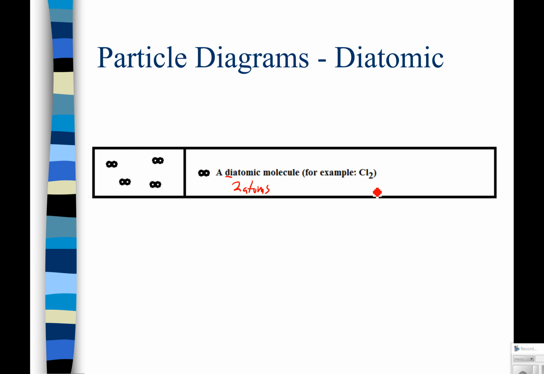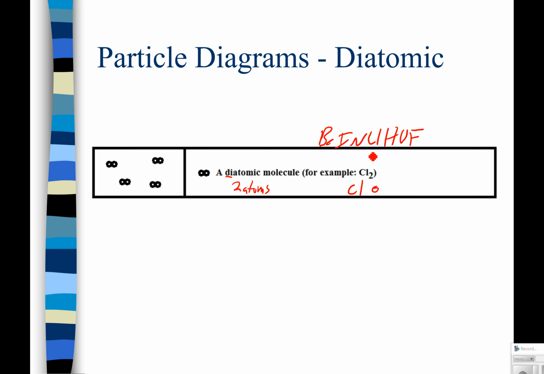For example, chlorine. We never find chlorine atoms by themselves as a single element. Chlorine is part of a group of elements, which you're going to have to remember, which we call Brinkelhoff. Each of those elements exists as a diatomic element when they're by themselves.